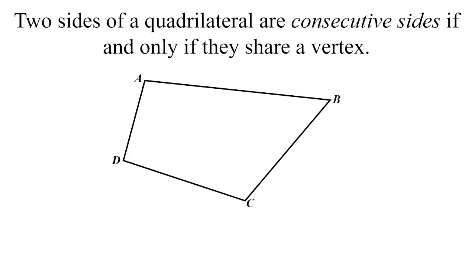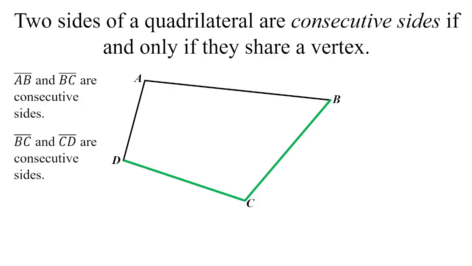Two sides of a quadrilateral are consecutive if and only if they share a vertex. For example, segment AB and segment BC are consecutive. They share B as a vertex. Segment BC and segment CD are consecutive.